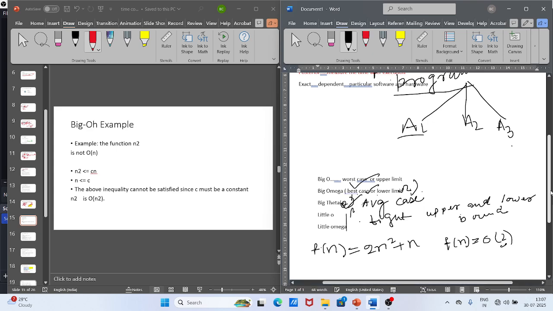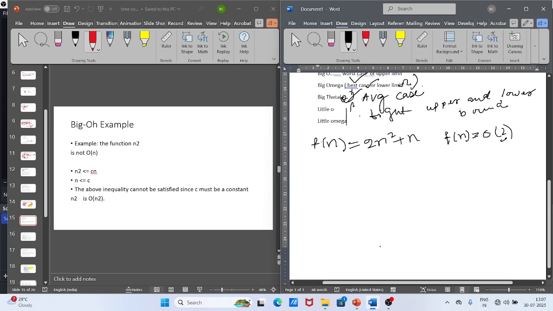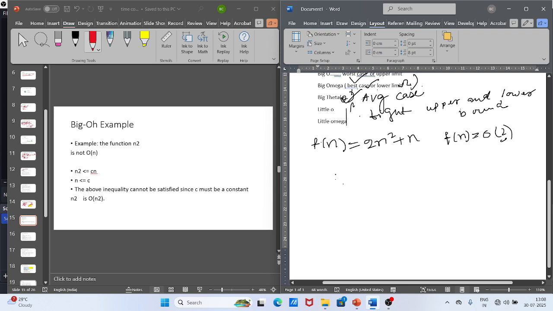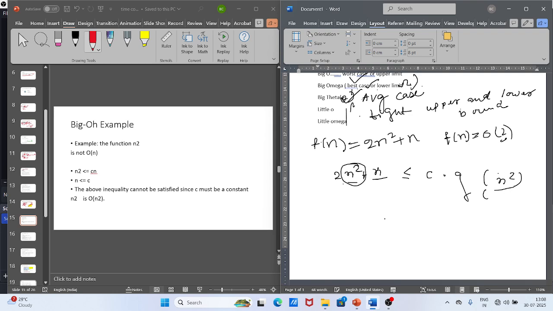Now calculate it. Just put it into the formula. 2n square plus n less than or equal to c times g of n square. Why do I take n square? Because here n square and n are present, which one is greater? This n square. That's why we take n square.